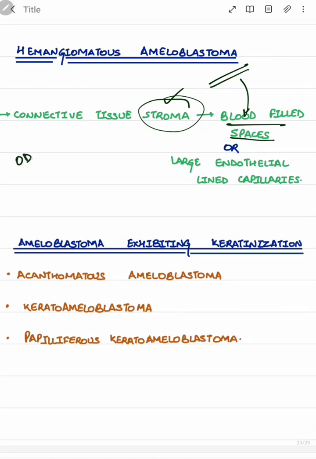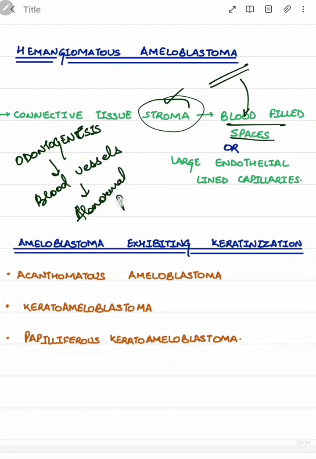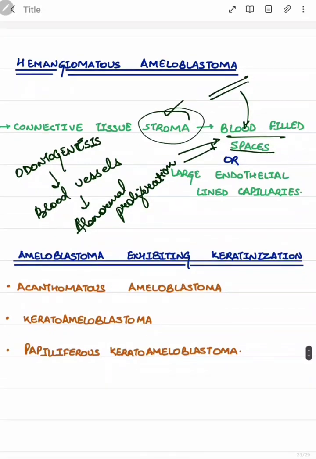Because during odontogenesis, or the process of tooth formation, the blood vessels are induced. These blood vessels will have abnormal proliferation and this will lead to blood-filled spaces, and these blood-filled spaces will result in hemangiomatous ameloblastoma later on.